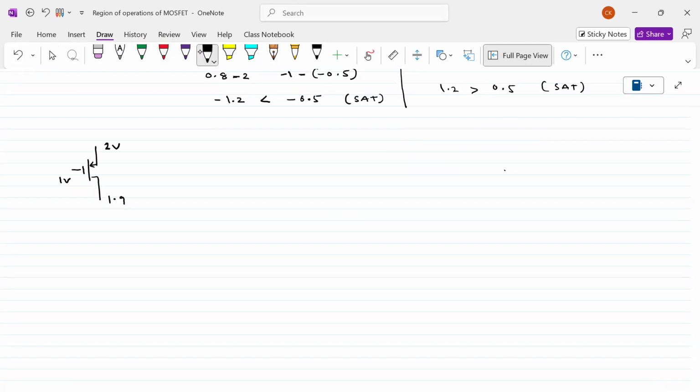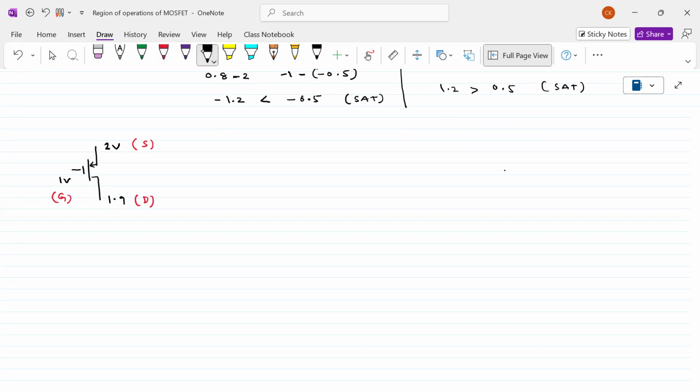Usually we always give positive values only, something like this. That's the reason why it's good to go with VSD and things like that. Which one is the source here? 2 volts is the source. This is the drain. This is the gate.